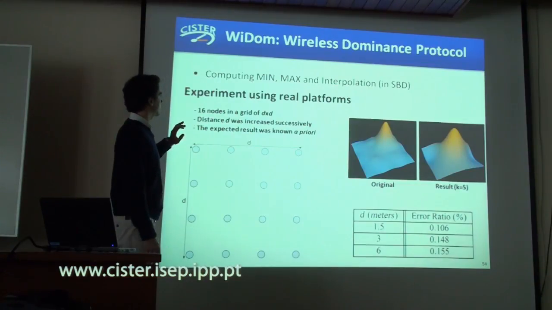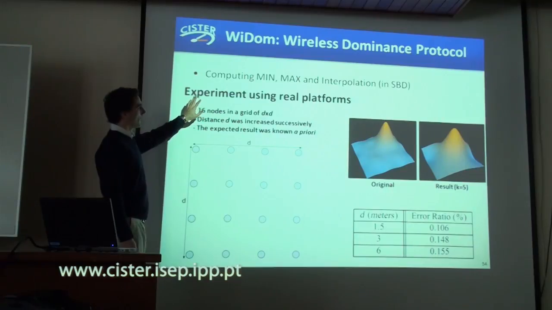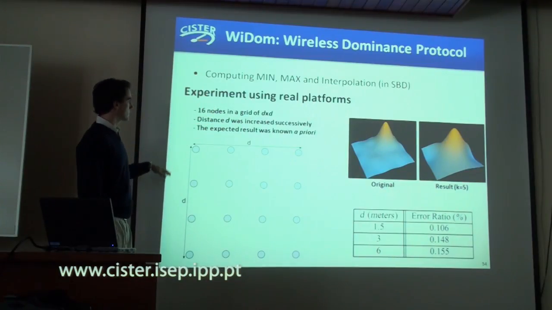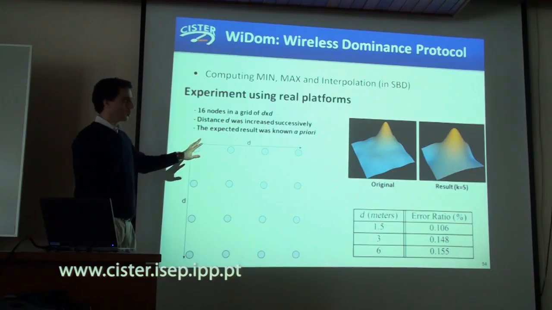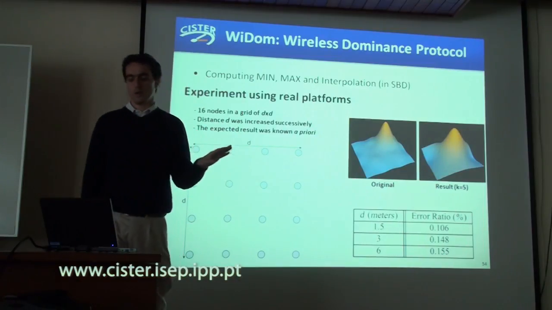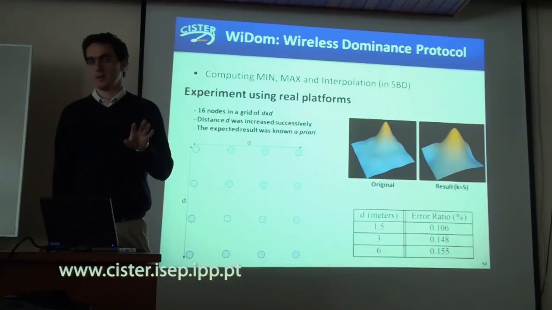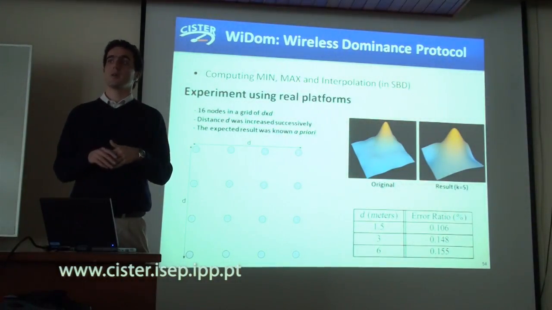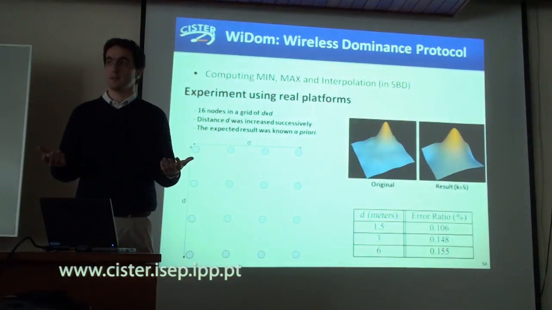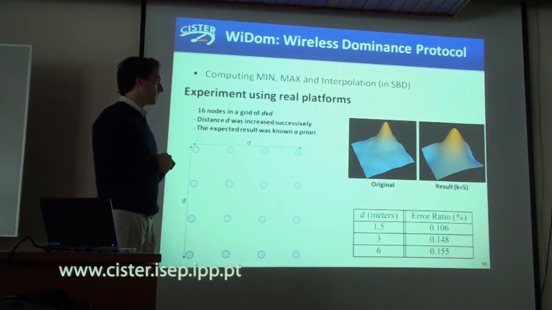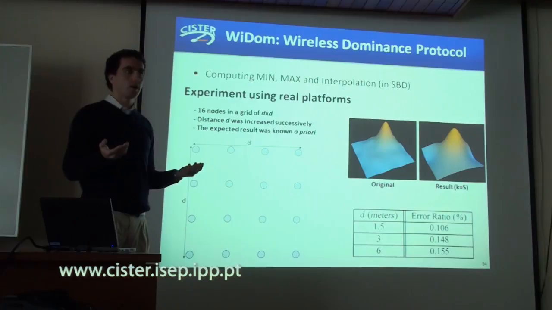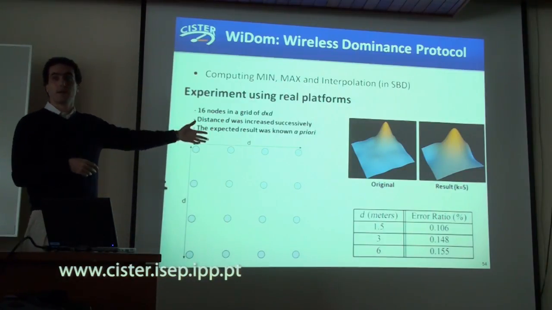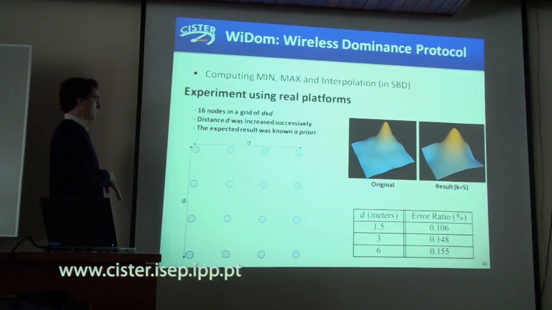So in practice, about computing min and max and interpolation in single broadcast domains, we have implemented this in those new platforms, and those new platforms enabled this to be competitive, fast enough so that we can say it is practical and it has an advantage over doing it in some other way.